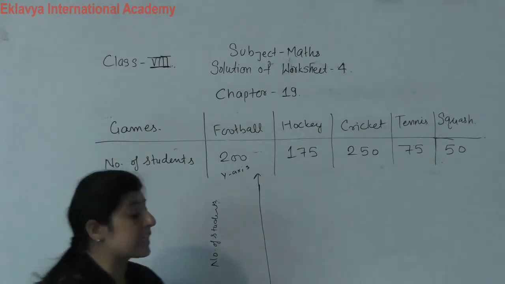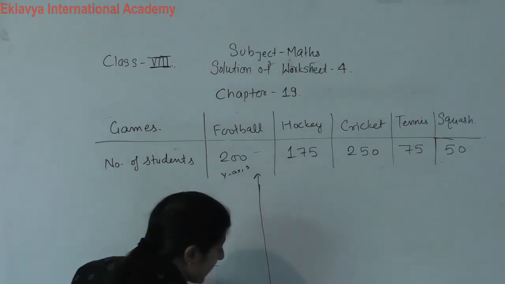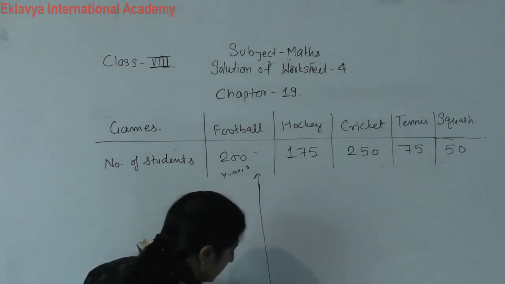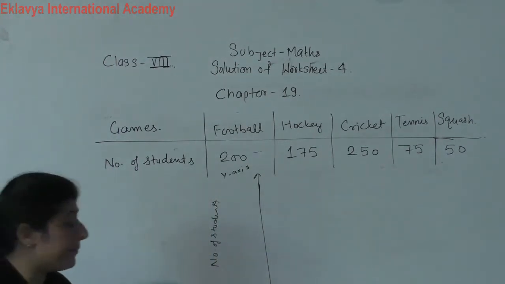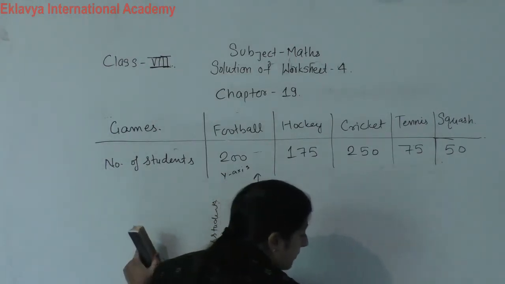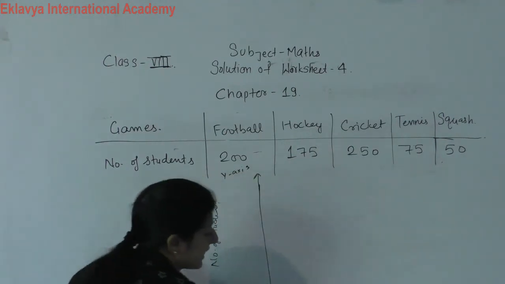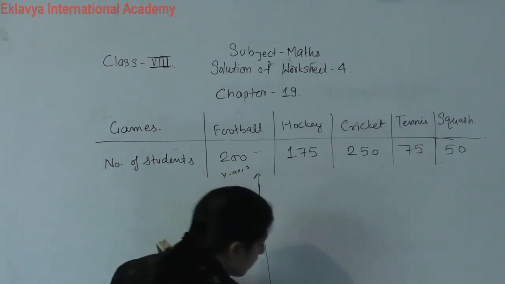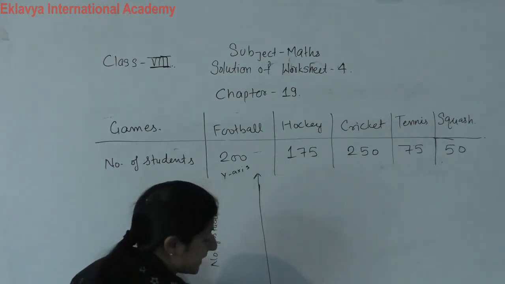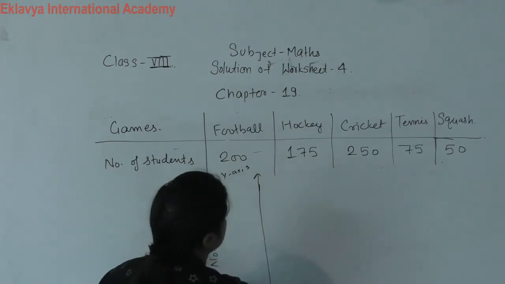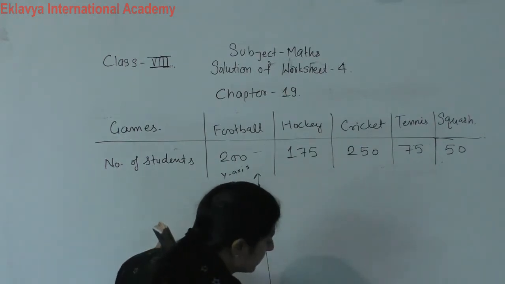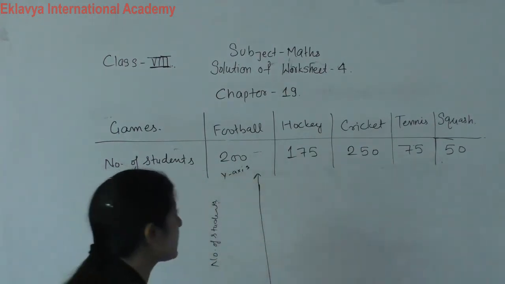Games: football, hockey, cricket, tennis, squash. In the bar graph, on the x-axis we are writing the name of the games. Then this one represents 0, origin. When you are taking the names of the games, the width of the bar should be the same. Suppose I am taking this width for football. Then I leave this space, same space I leave here, and then I write down the next game, hockey, and the width should always be the same.